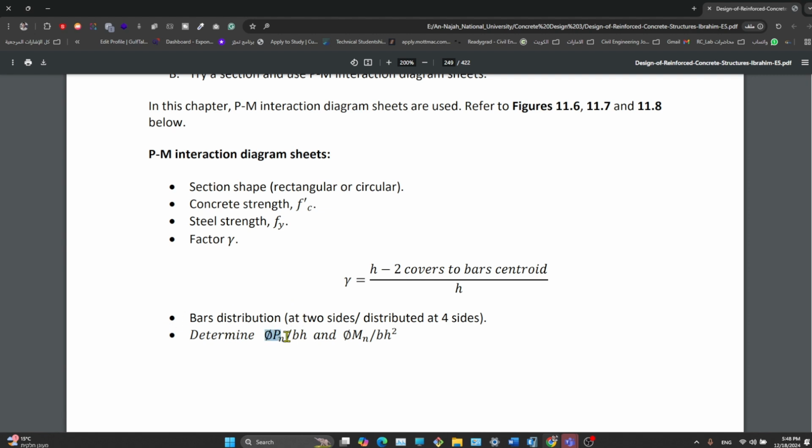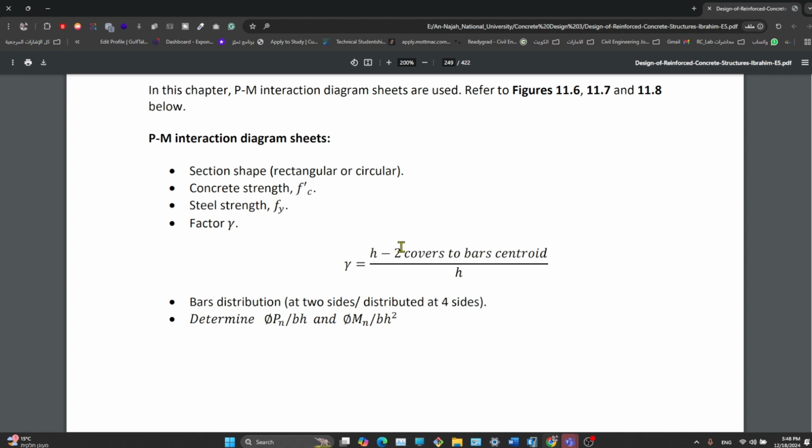Then we need to determine phi Pn over bh and phi Mn over bh squared. Once we determine these values, we can plot the point on the graph and see if the point lies under the curve or outside the curve.